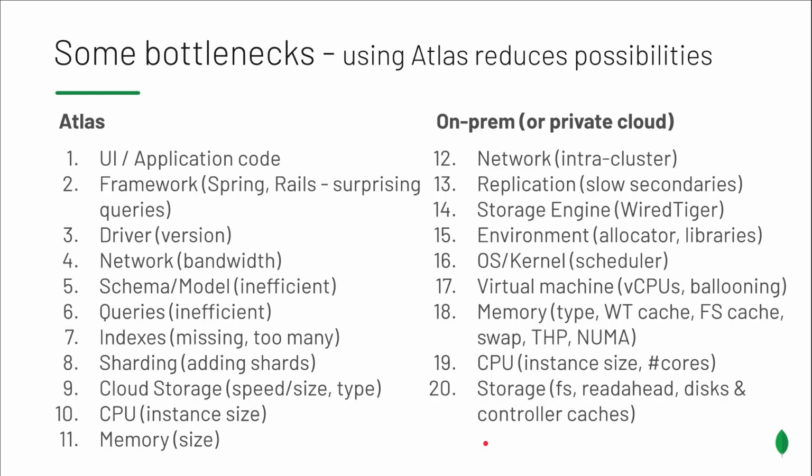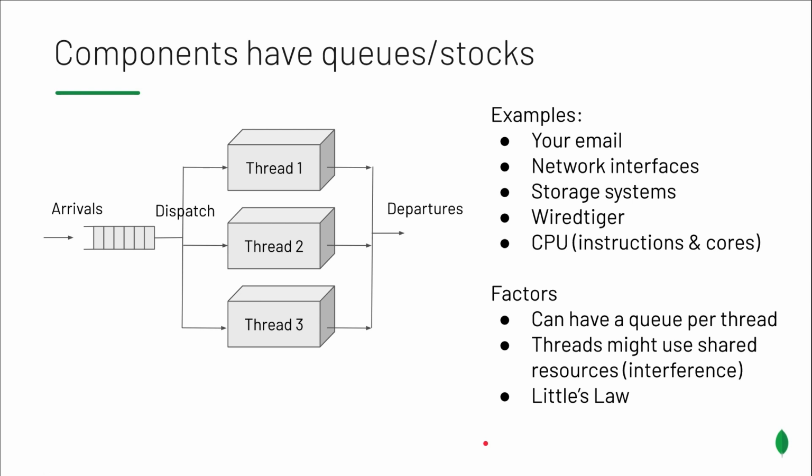So here you can see a full list of the potential bottlenecks in this system. As you can see, using Atlas reduces the possibilities or the limiting factors that you need to consider. Ultimately, if you look more deeply at each of these components or elements of the system, they typically have a stock. They'll have a number of requests arriving.